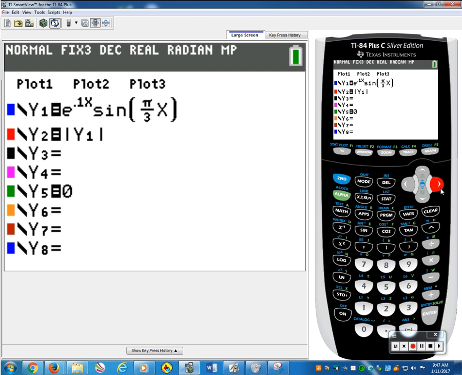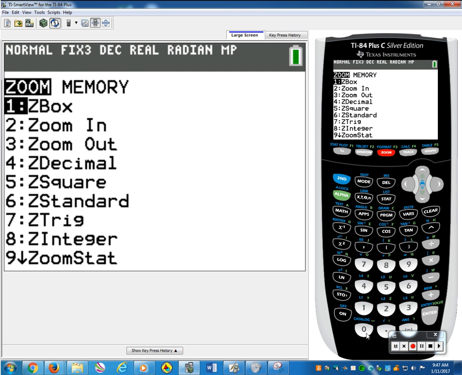Pretty good. Now if you do zoom fit again, you get 2 graphs, the velocity and the speed.